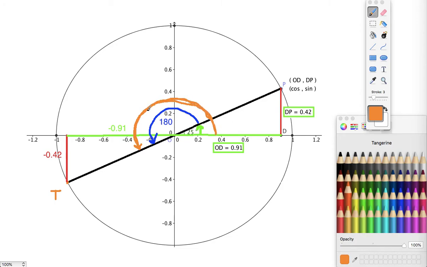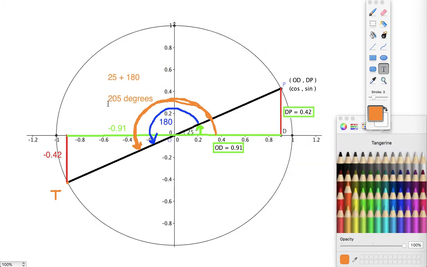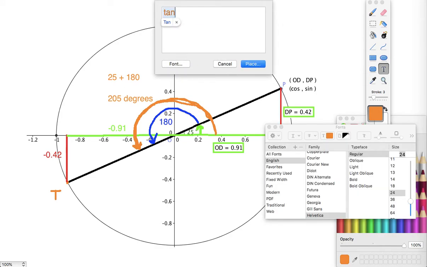Distance from here to here is going to equal your green plus your purple, or 25 plus 180, or 205 degrees. So my tangent of 25 degrees is equal to my tangent of 205 degrees.